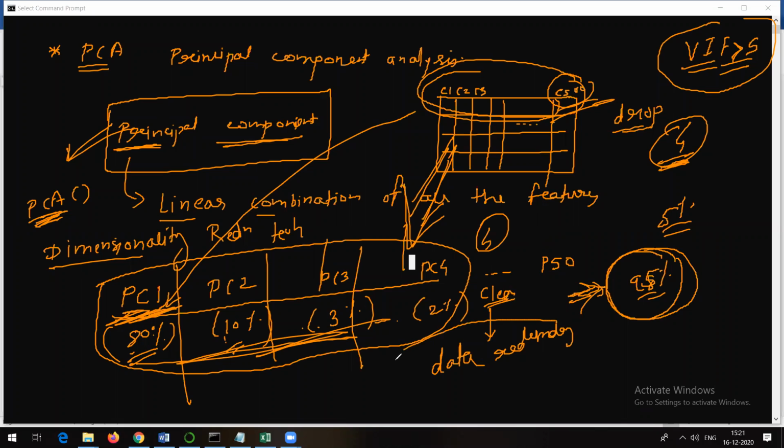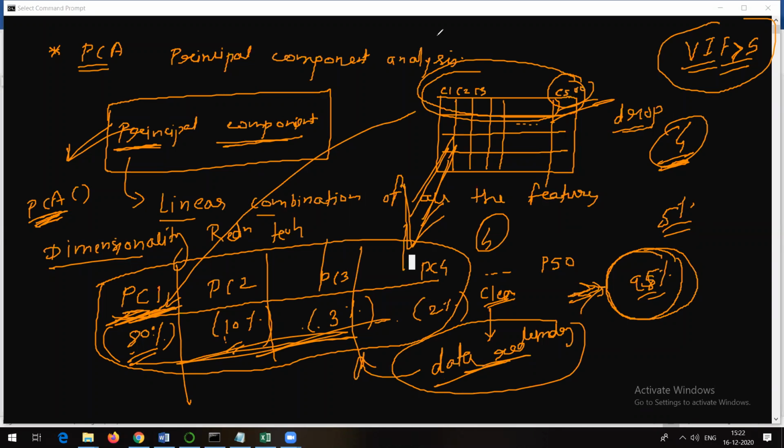That's why there is no question of data redundancy when you talk about PCA. Is it clear, Prajwal? Does it answer your question? Can you just let me know? Yes. So that's why there is no question of this.